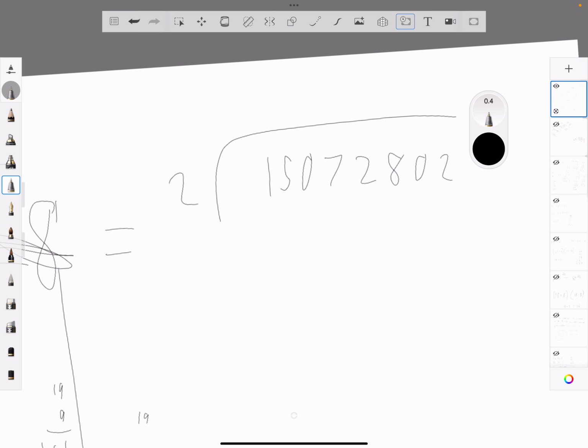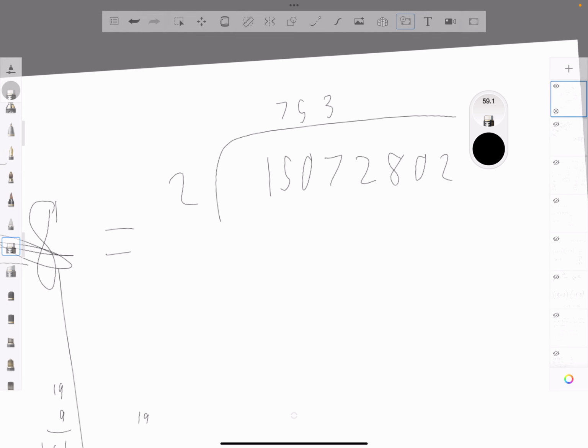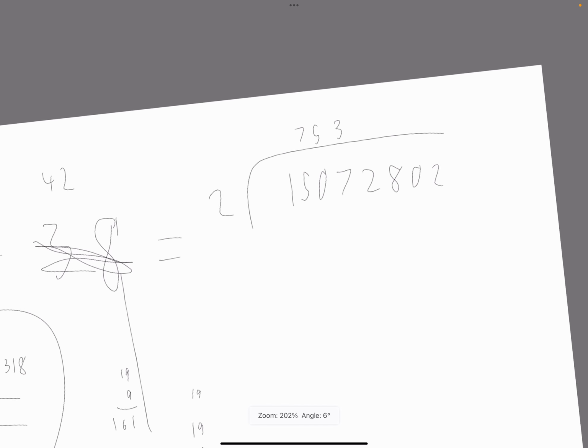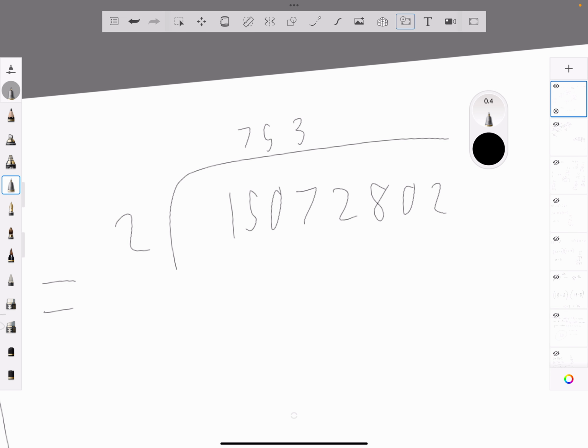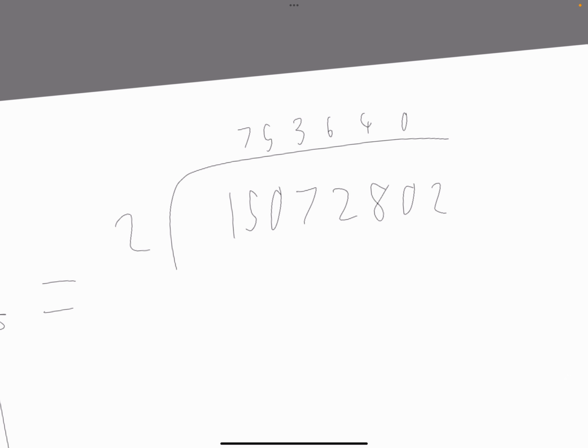Okay, that would be easier. 7. 20. 10. 3 6 6, I'm just practicing my multiplication. Okay, 6. 4 0 1.